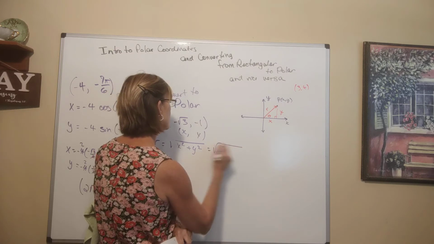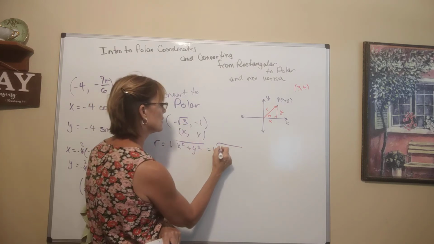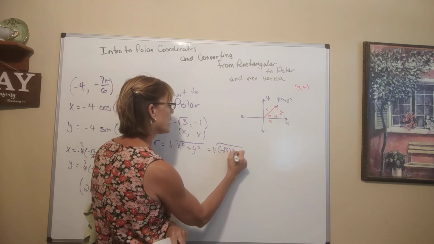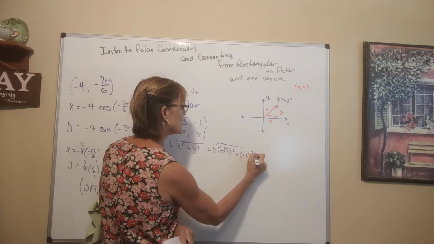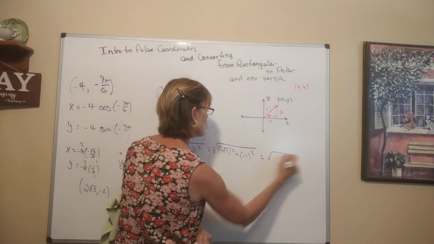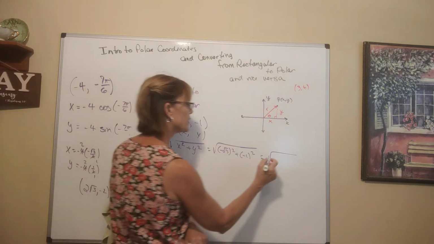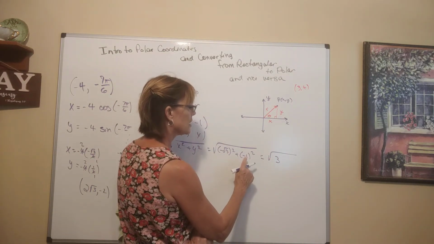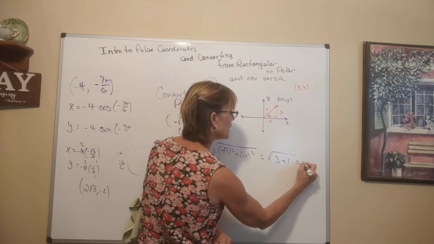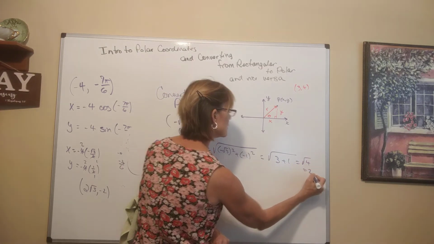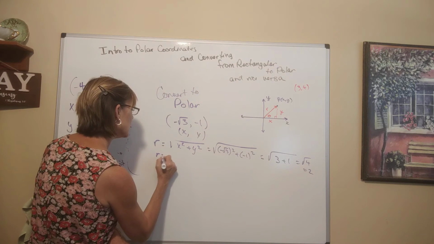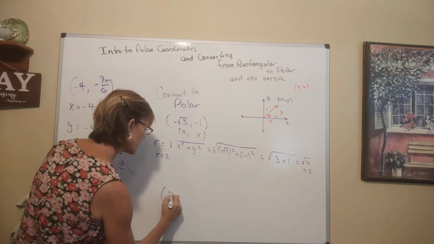So this is the square root of negative square root of 3 squared plus negative 1 squared. A negative times a negative is positive, square root of 3 times the square root of 3 is just 3. Negative 1 times negative 1 is 1. This is the square root of 4, this is 2. R is 2.